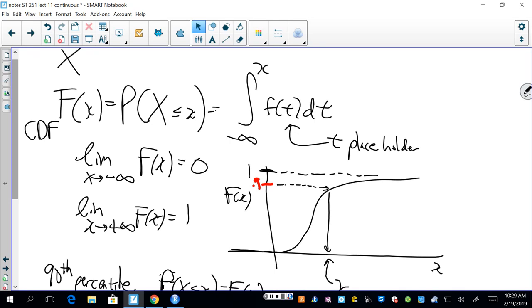The opposite of integration is differentiation. So we can take a derivative: the derivative of the cumulative, sorry, with respect to x is the density function.